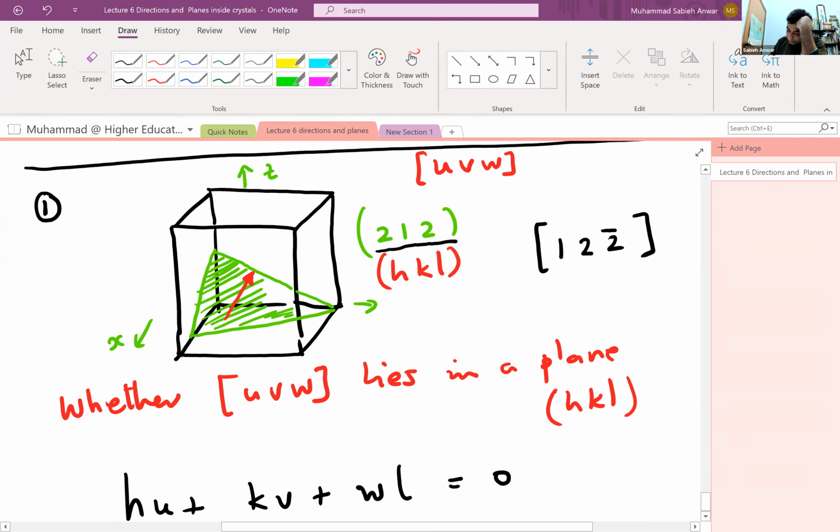I move 1 unit along x, 2 units along y, and then I move 2 units in the downward direction. So this is this particular direction. There are other directions that also lie inside this plane. This is not unique. There's an infinite number of directions that lie inside this plane. What I've drawn in orange is this direction here, 1 2 2-bar, sloping downwards in a particular orientation.